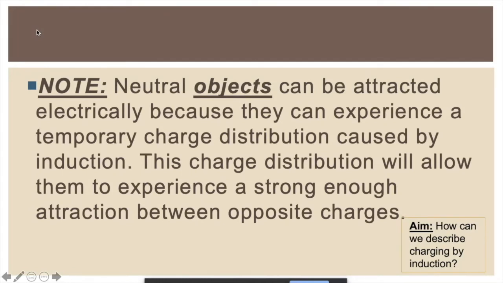And this distribution of charge will allow them to experience a strong enough attraction between opposite charges. Now, that's confusing. Let's be clear about that. But I think it'll be easier to understand once I draw this diagram. So take a second to pause this video here and write that down. When you hit play, we'll move on.